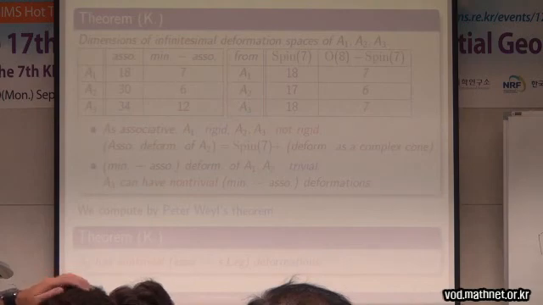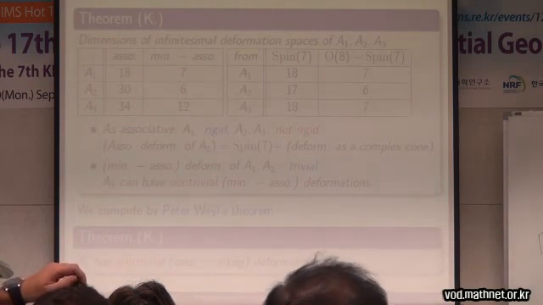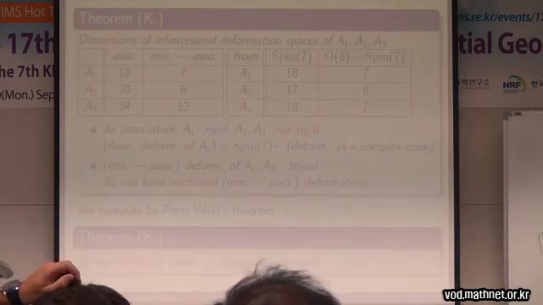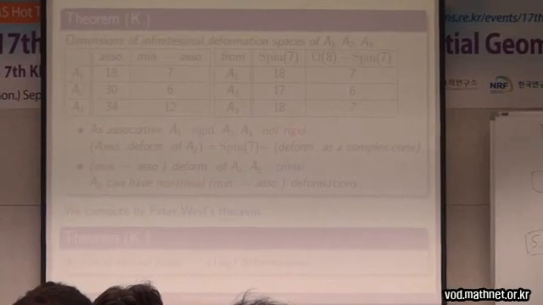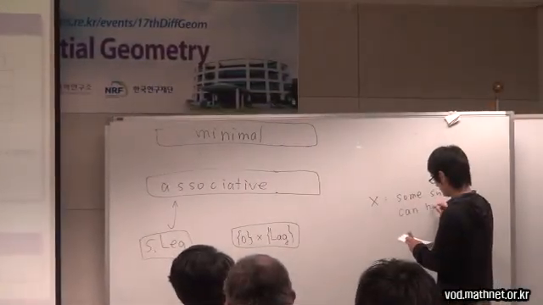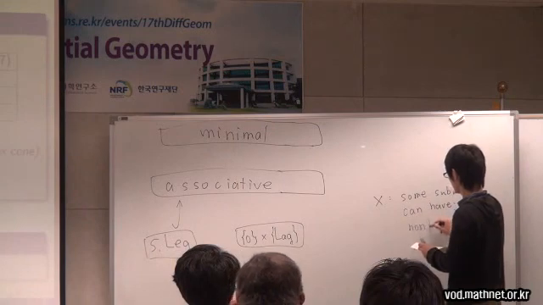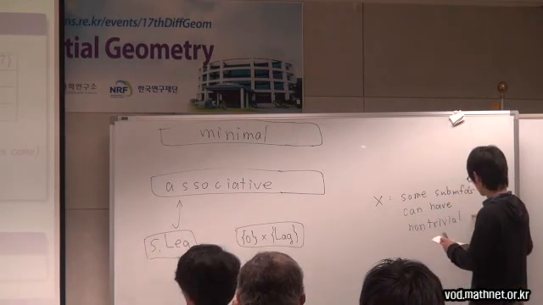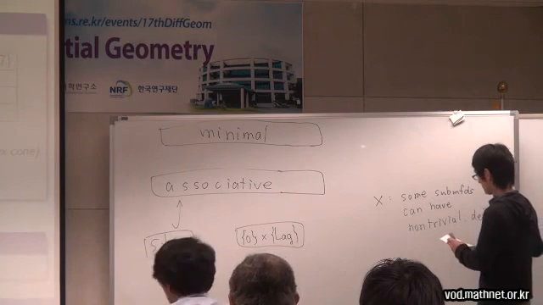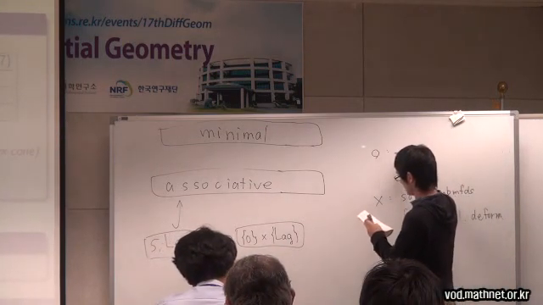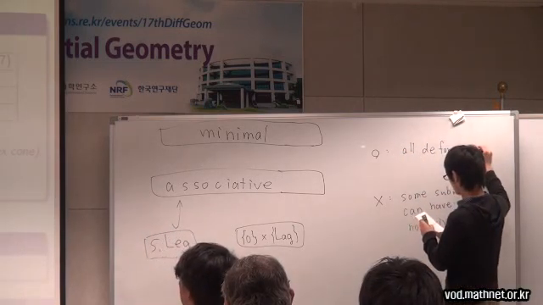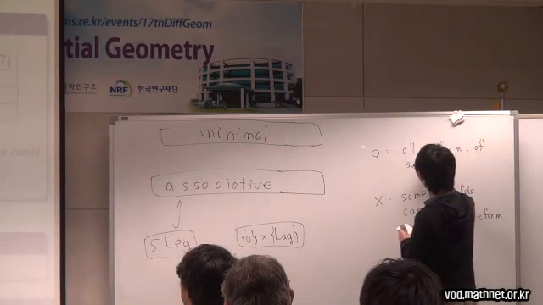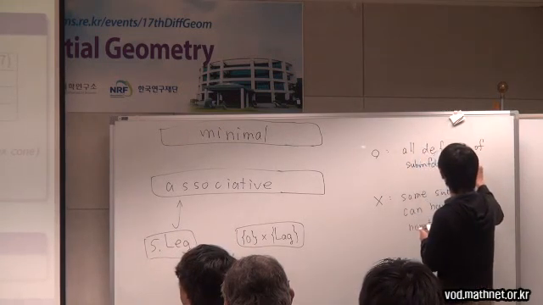From that theorem, for convenience we use this circle, which means some submanifolds can have deformations, and circle means all deformations are trivial.